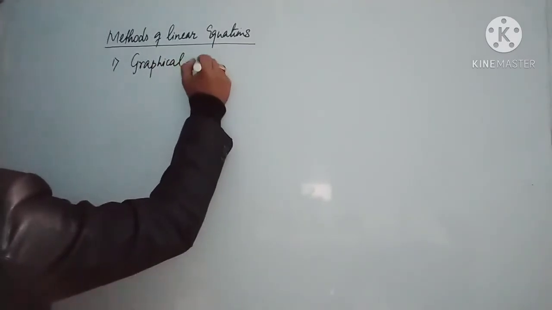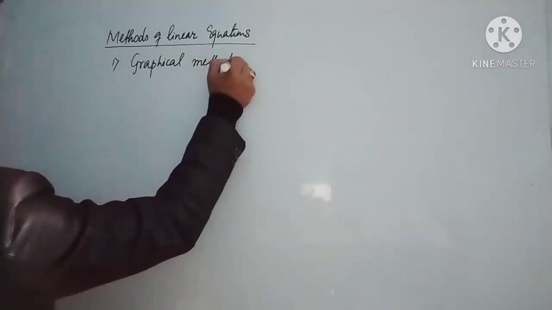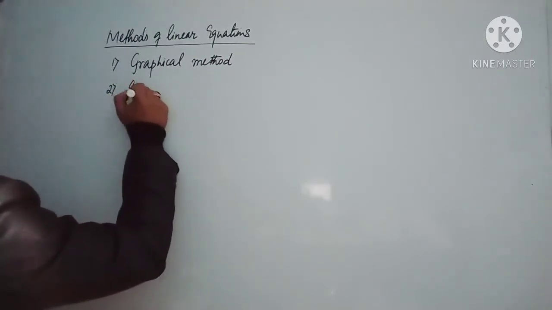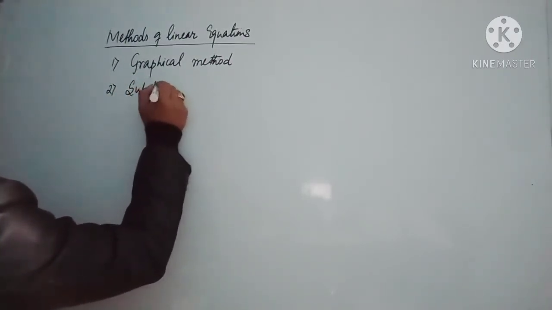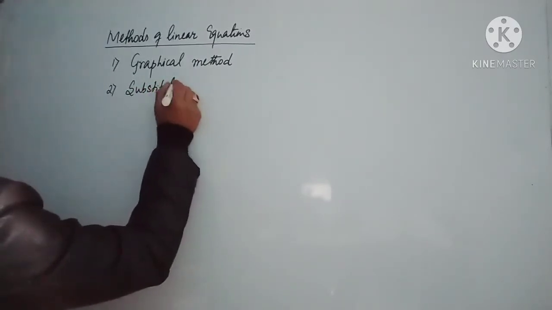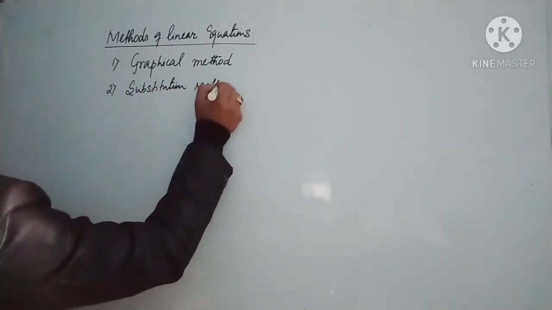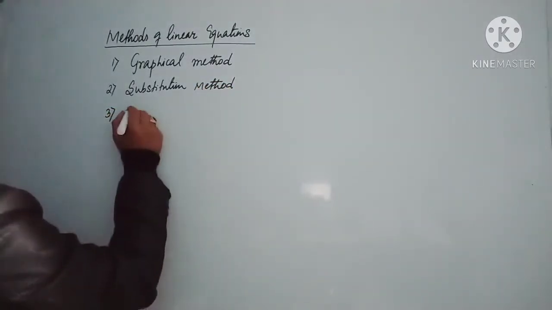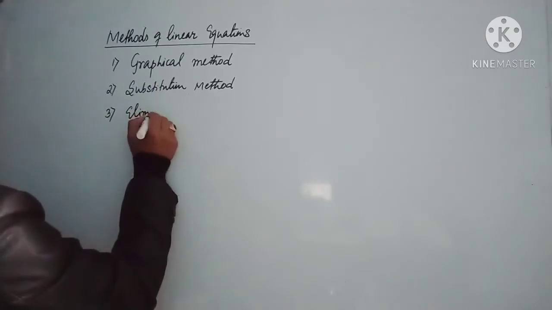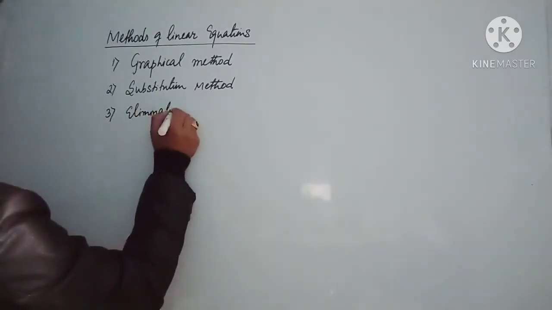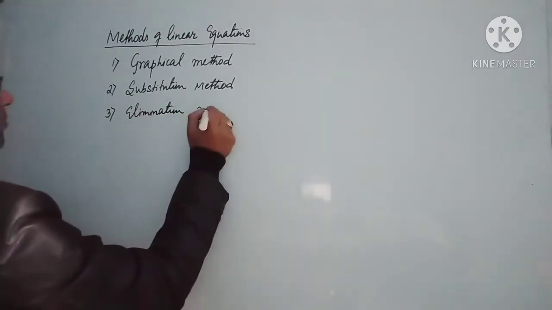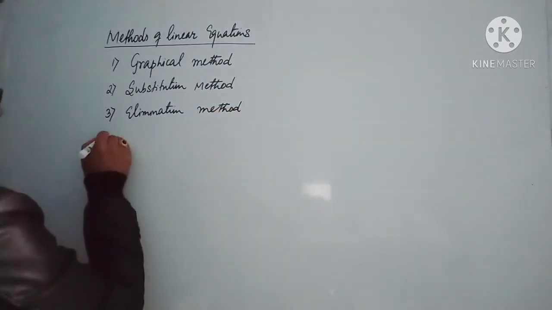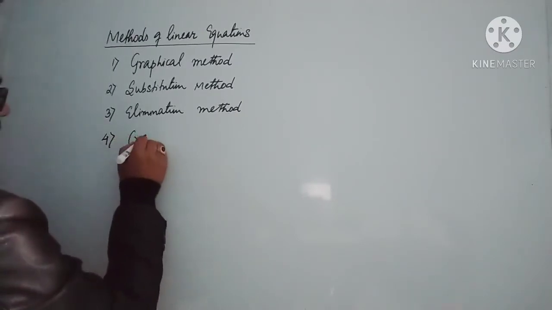The next method is the substitution method. The next method is the elimination method. And the last one is the cross multiplication method.